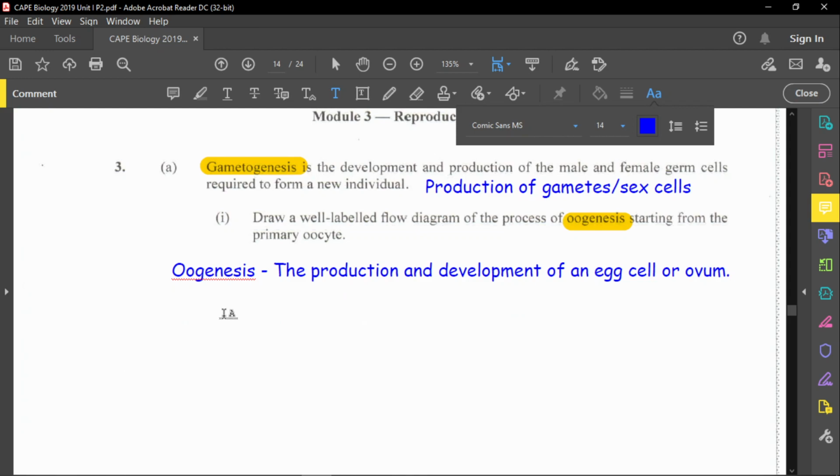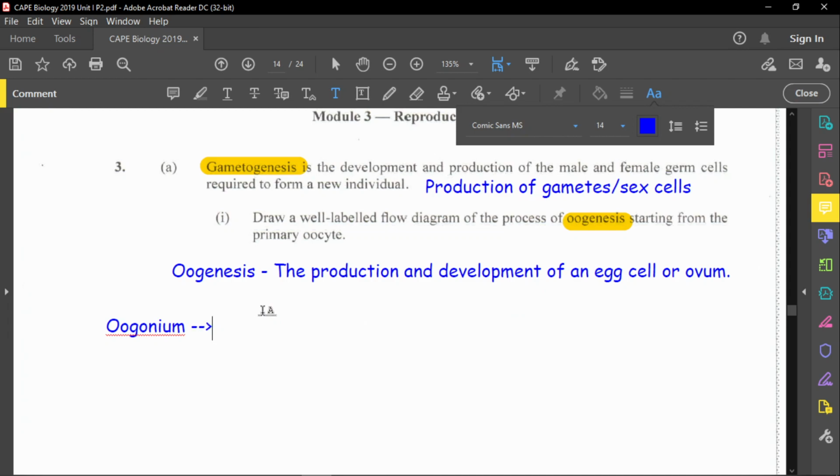Now, what I want to make note of in summary is this: to undergo oogenesis, or the process of producing an egg, it actually starts from a small cell called the oogonium. The oogonium is what will produce the cells. I'm just going to write this here.